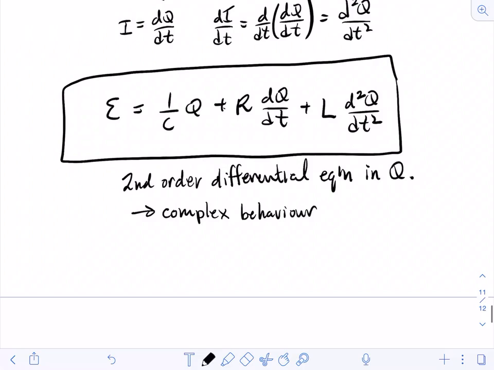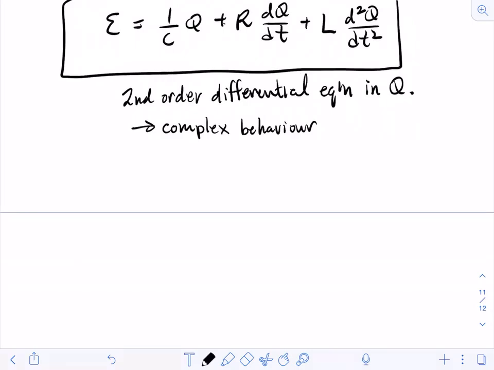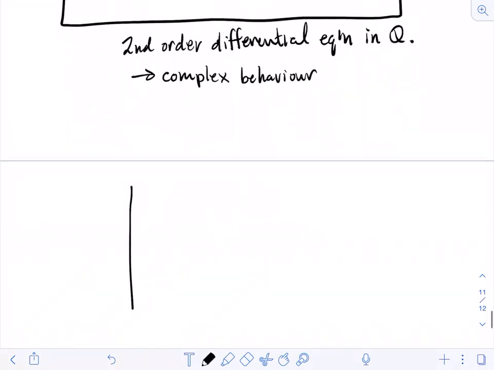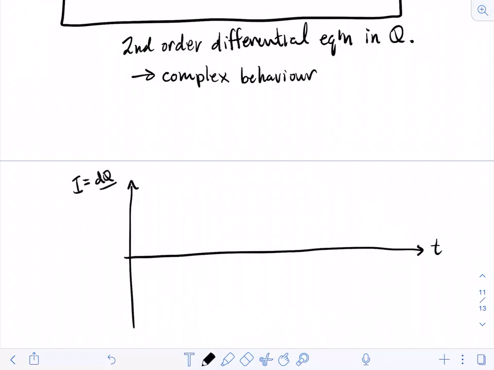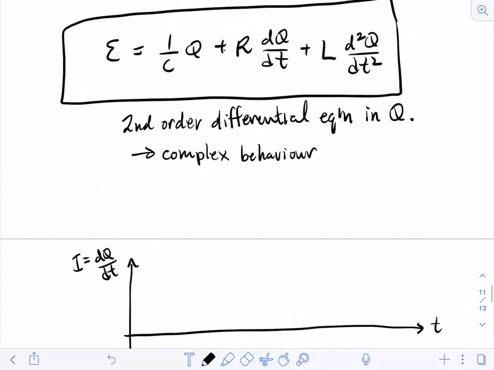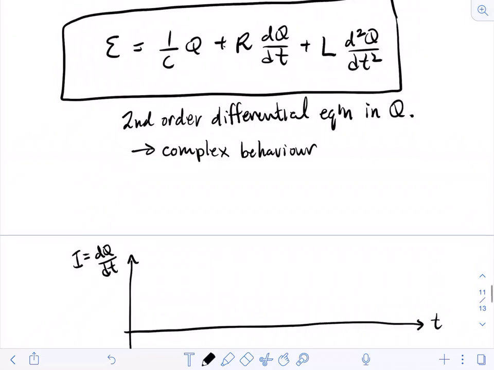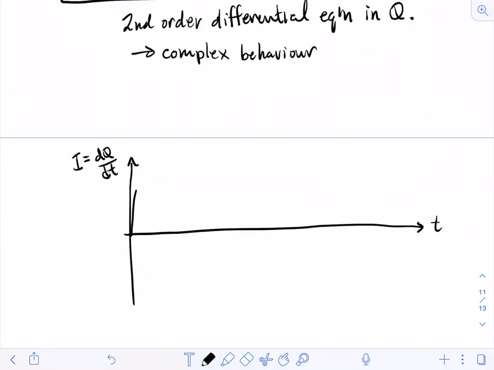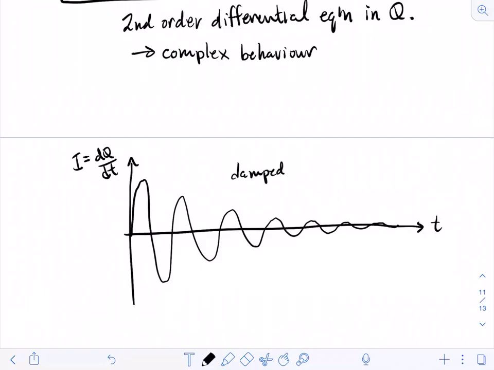If you close the switch and looked at what the current would do as a function of time, where this is T and this is the current dq dt, depending on the relative values of L, R, and C, one possibility is you get oscillations that are damped. So these are called damped oscillations.